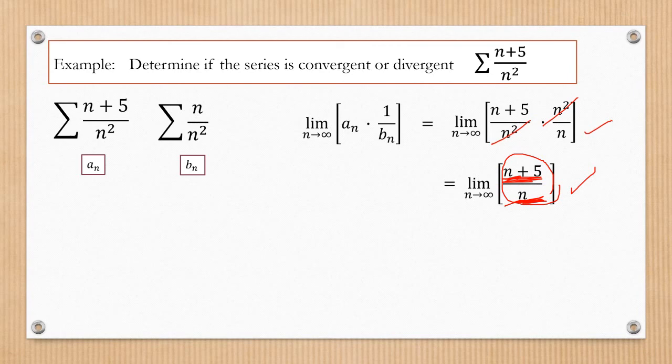There's no certain value that the fraction approaches as n approaches positive infinity; it just continues.